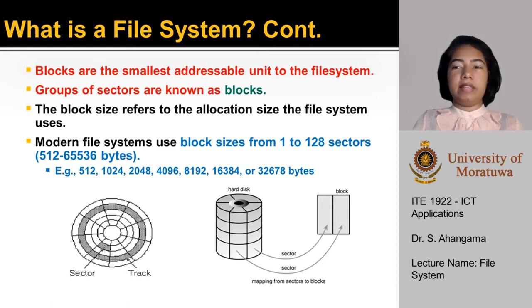Usually, a file system operates as blocks and not as sectors. Modern file systems use block sizes from 1 to 128 sectors, that is 512 to 65,536 bytes.